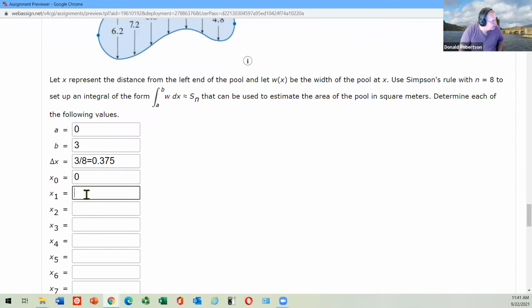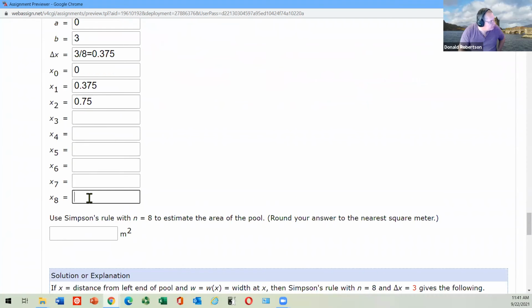And then the next one, 0.375. And then the next one is another 0.375, which is what's that going to be? 0.75. Okay. Can you imagine me just continuing? And when I get to that last one, won't it be 3?